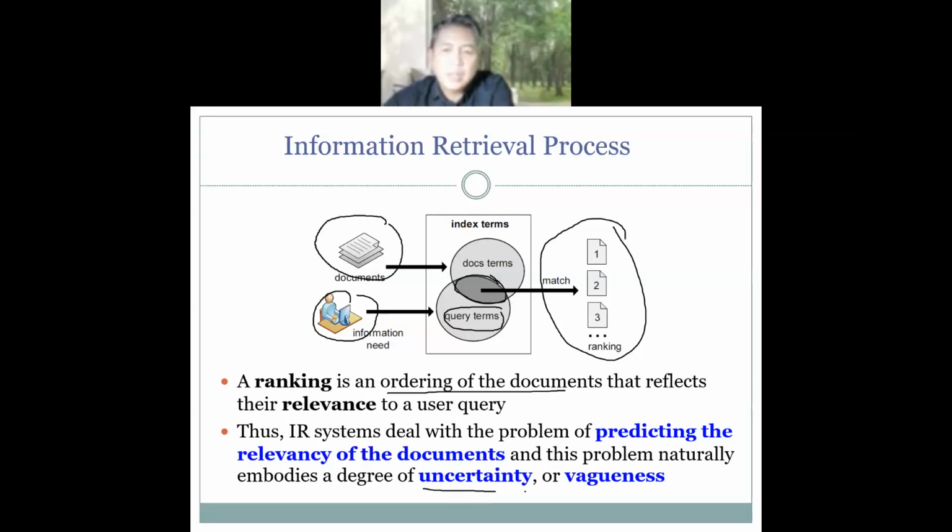It means there is no assurance that the top one is the best one. There is always uncertainty, meaning that you will not get exactly 100% matching, or 90% matching. So we cannot get 100% matching.